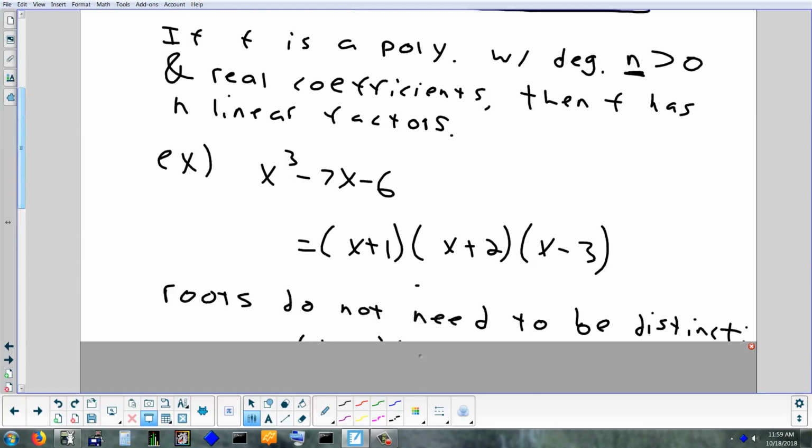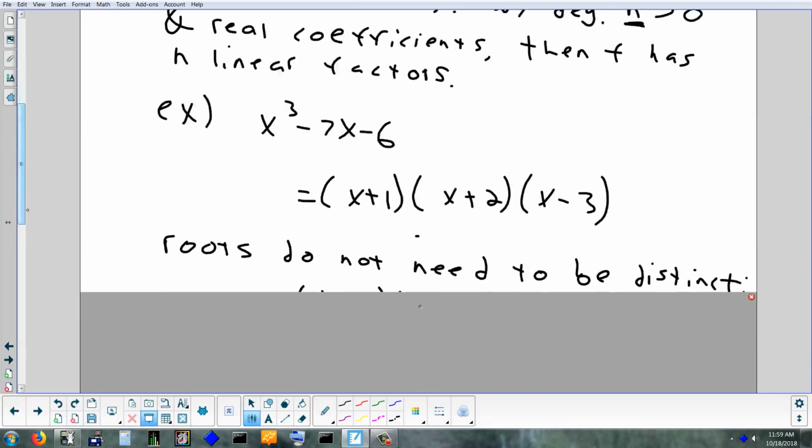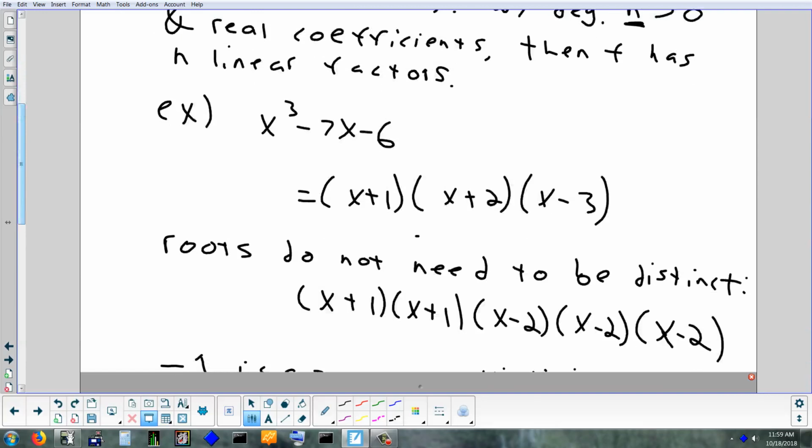What if I had a problem where the highest exponent was a 5? How many factors would you get there? You would get 5. Now, they don't have to be unique. They can be repeated. Remember, we saw a graph yesterday where it touched the axis, bounced away from it, and went back up.